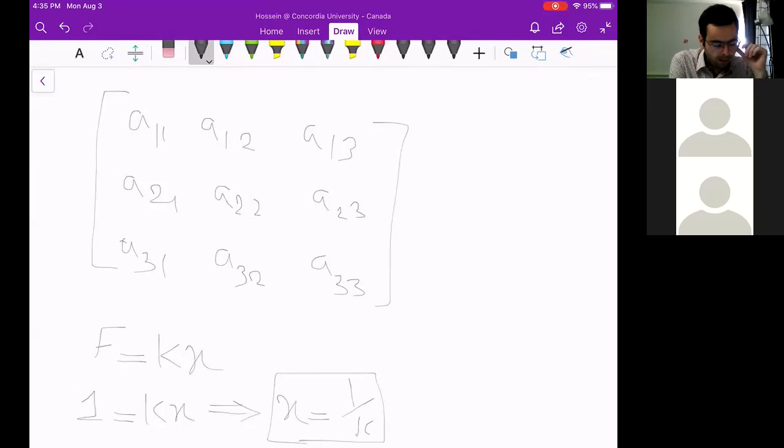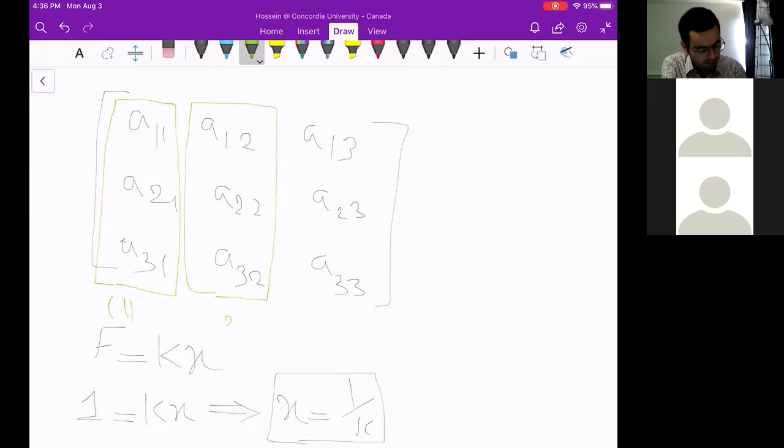In order to fill out this influence matrix, we always start with the first column, and then we go for filling out the second column, and at the end the third column.